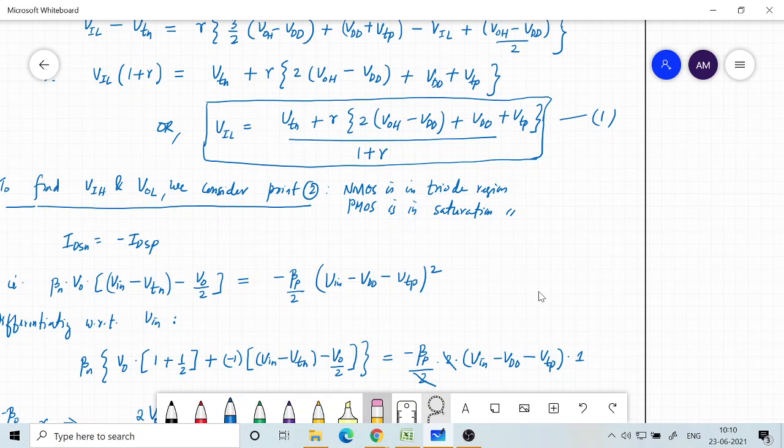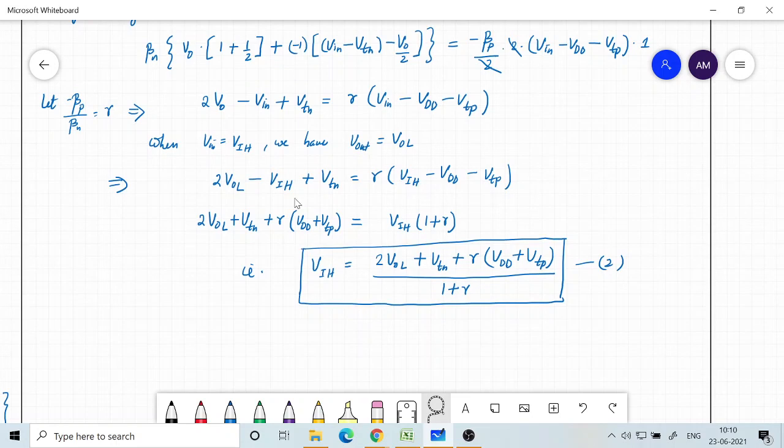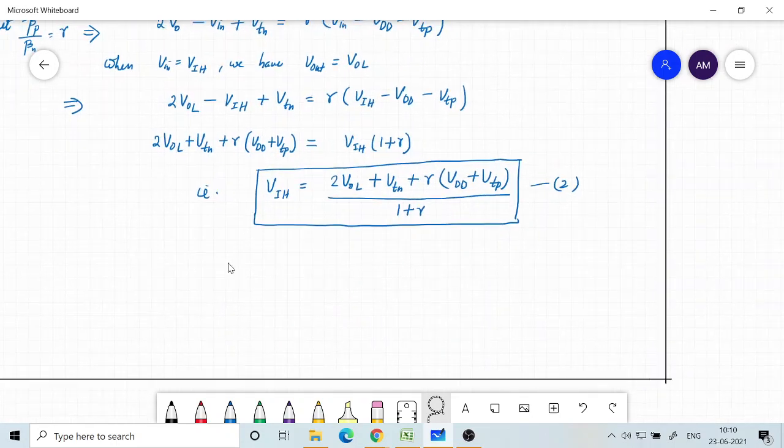So let me just take this equation and copy this. Let us put them side by side.